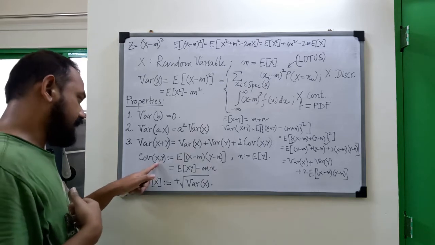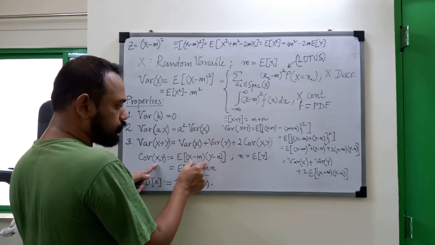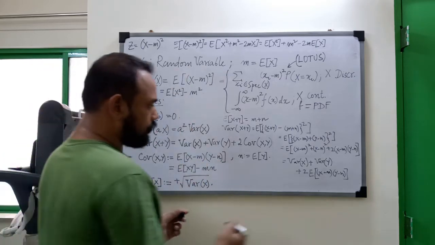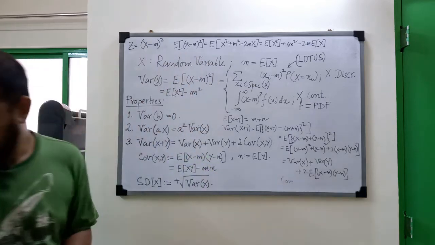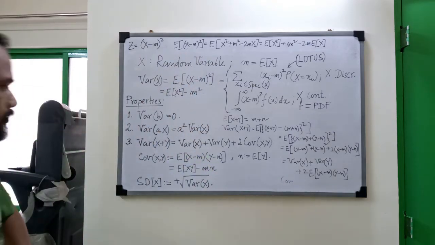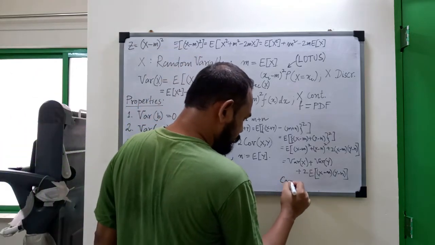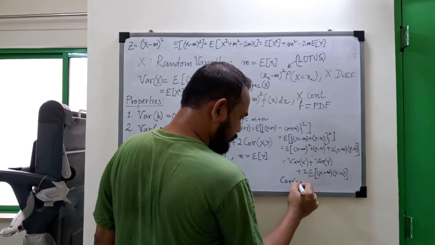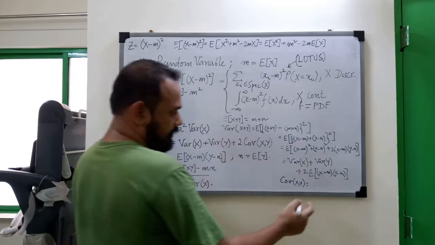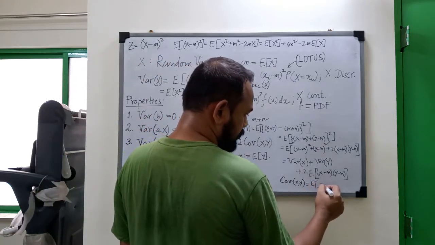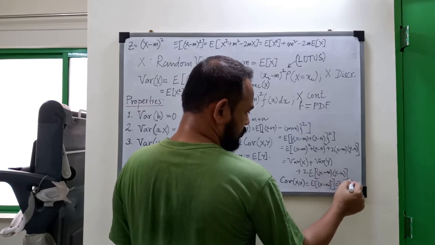Remember, if y was x, if they're the same, then you would have x minus m again, so x minus m whole squared, which would be variance. So the covariance of x with x is expectation of x minus m twice multiplied here, x minus m squared, which is the variance of x.